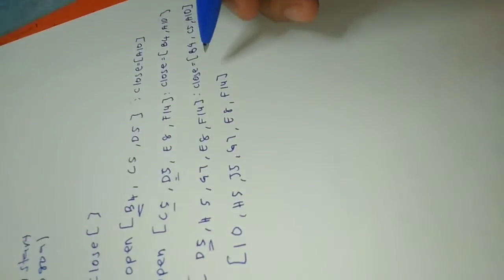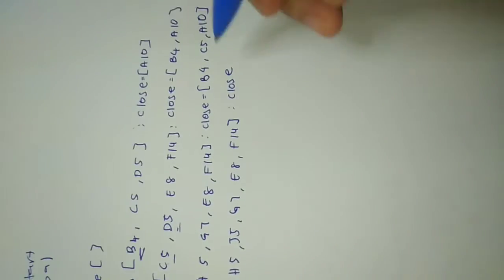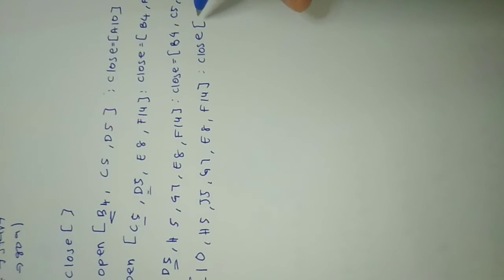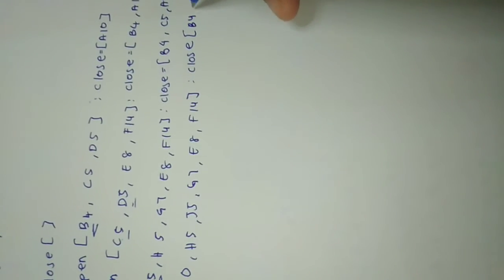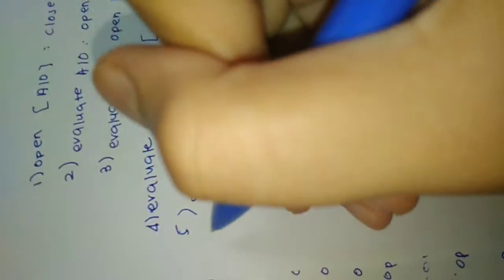And then we can close the last one, D5. So B4, C5, D5, A10. And then I believe this is the last step because we have found the I, which is our goal.